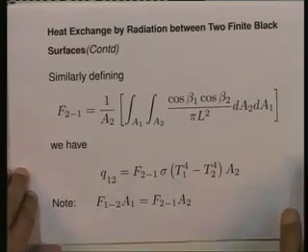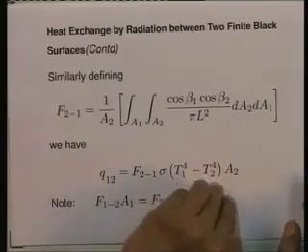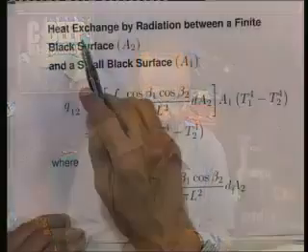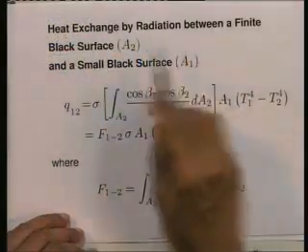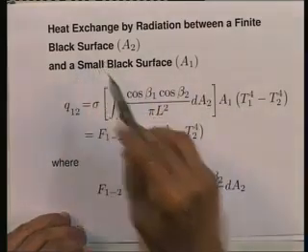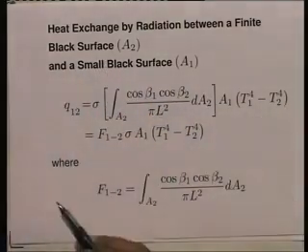Alright. Now, we want to move ahead. So, we have considered two situations. What are they? We have considered heat exchange rate between two differential areas dA1 and dA2. We have considered heat exchange rate between two finite sized areas A1 and A2. Now, suppose we have a situation in between the two, that means we want to consider heat exchange by radiation between a finite black surface and a small black surface, that is one area is big and one is small.